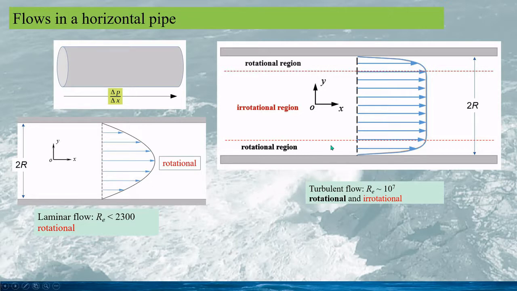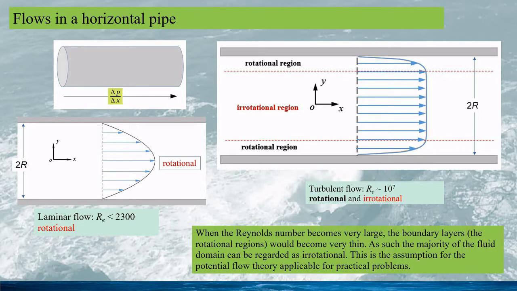Only the regions near the pipe wall, here and here, are viscous boundary layers, and the flow within the boundary layers is rotational. When the Reynolds number becomes very large, the boundary layer becomes thinner. As such, the entire flow may be taken as an irrotational flow as a good approximation. This is a good practice in many practical problems.